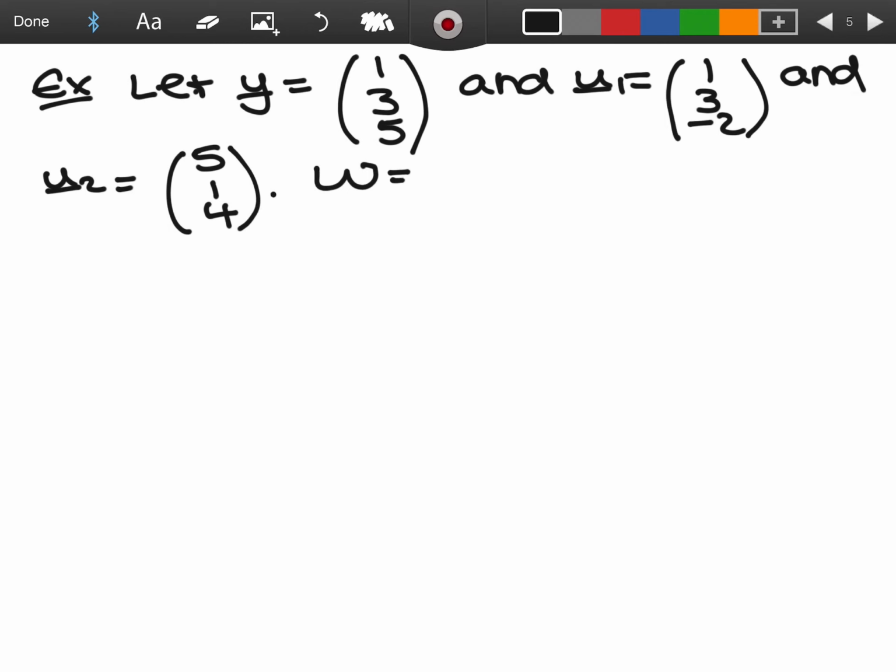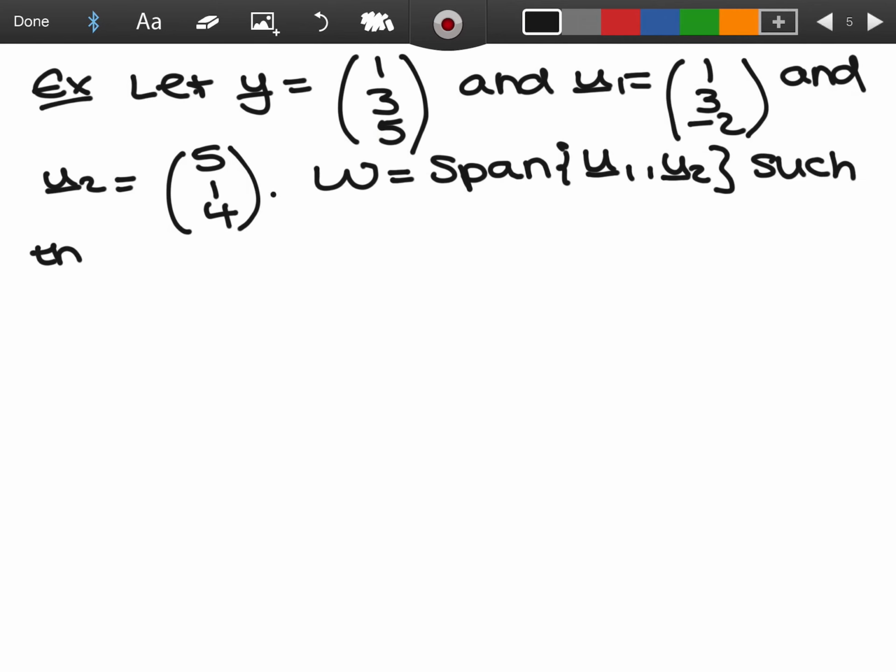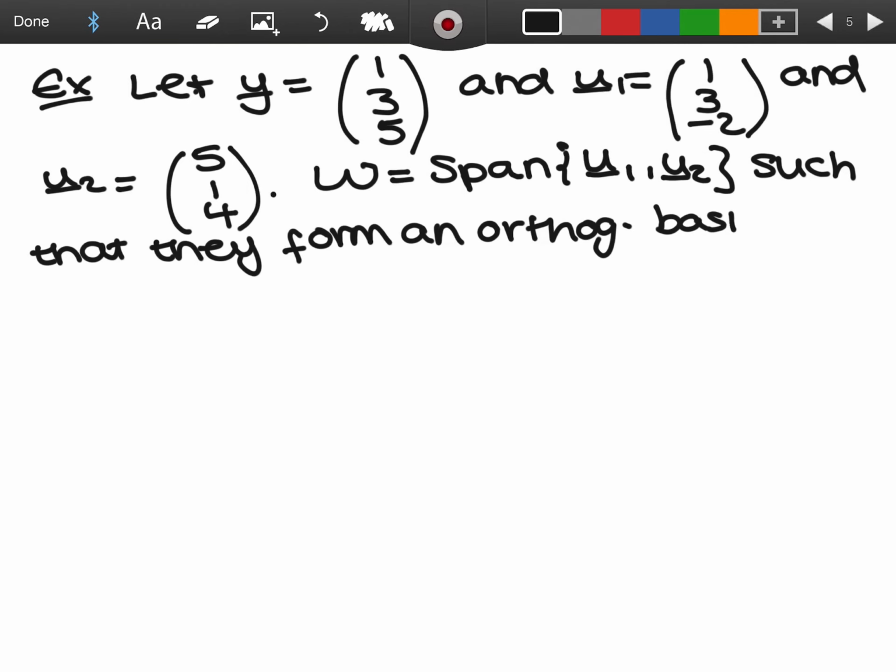I'm going to let W equal the span of these two things such that they actually form an orthogonal basis for W. What does that mean? Well, that means that these two things span the space, they're linearly independent, and they're orthogonal to one another, okay?